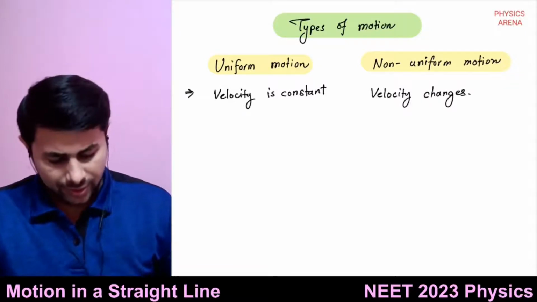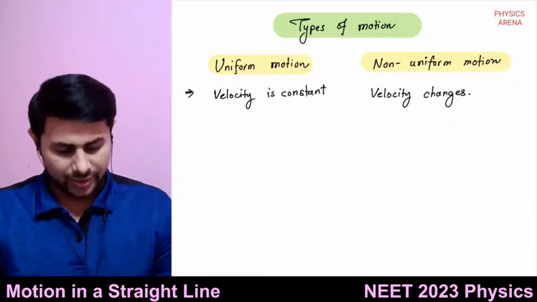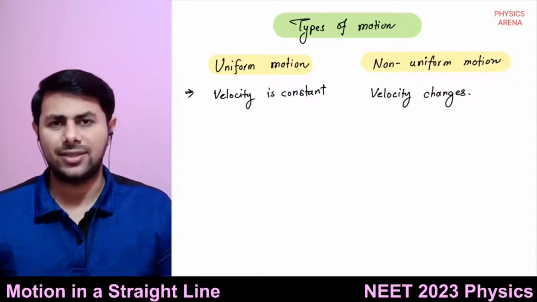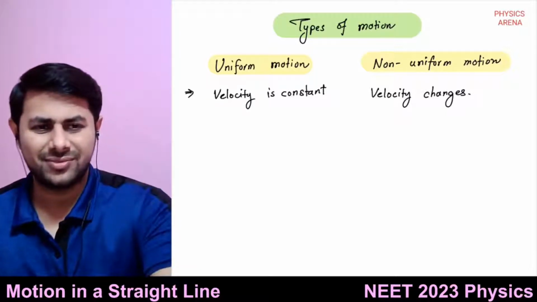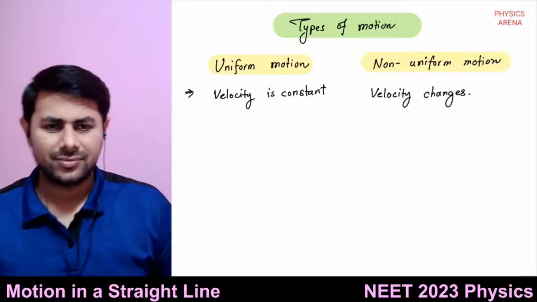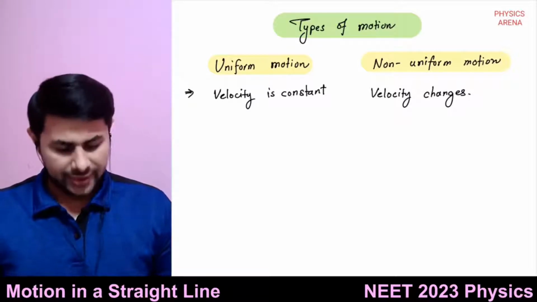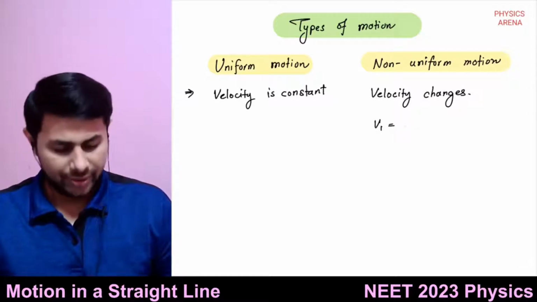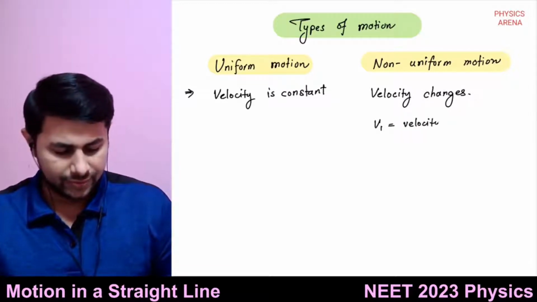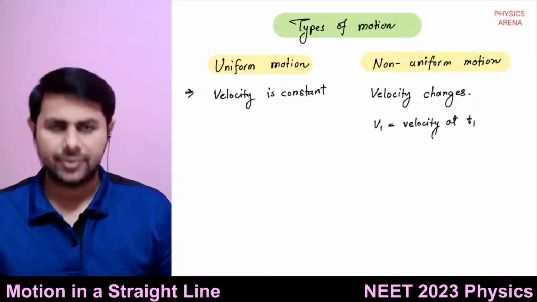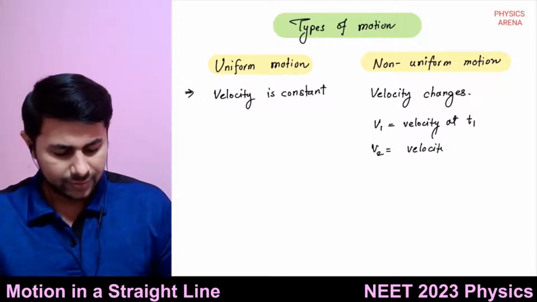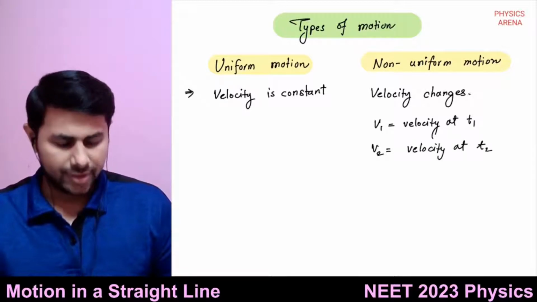All right, so now for non-uniform motion, I can define one more quantity. It is known as acceleration. So let's say v1 is the velocity at time t1, and v2 is the velocity at time t2.